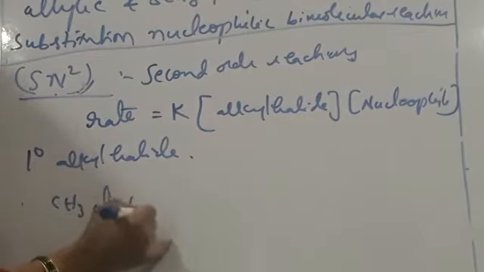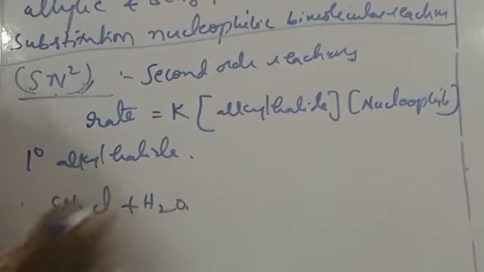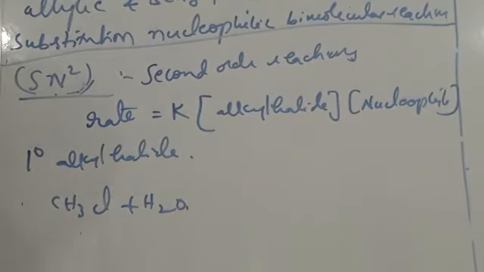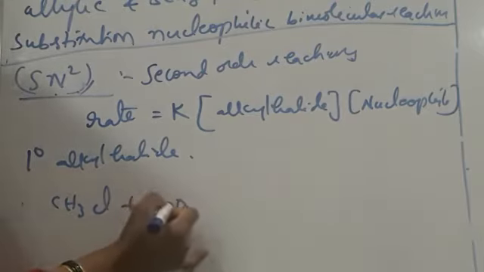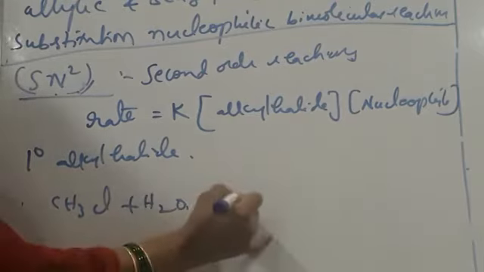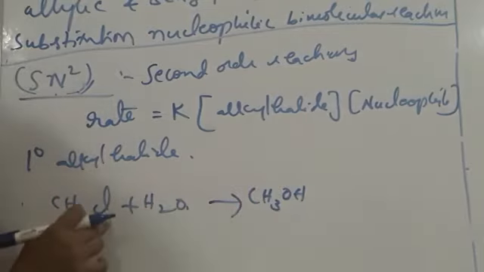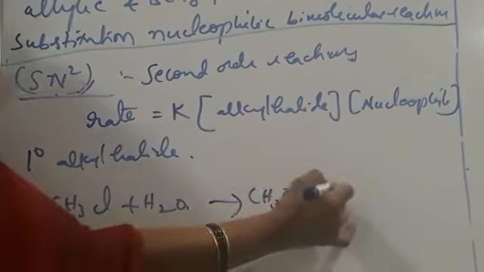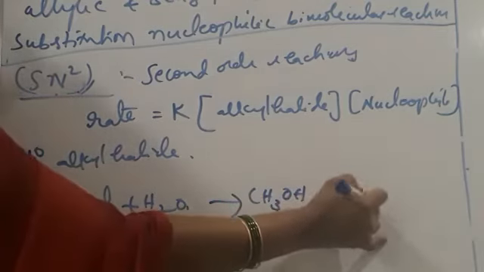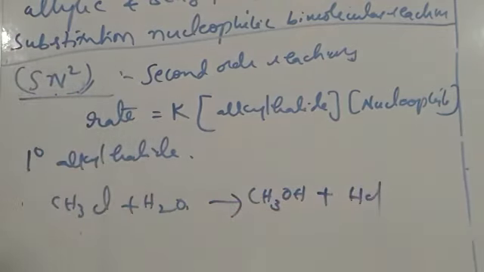Methyl chloride reacts with H2O. In H2O, OH minus is the nucleophile. So we get CH3OH. Cl gets substituted with OH, and along with this HCl. So this is the reaction.